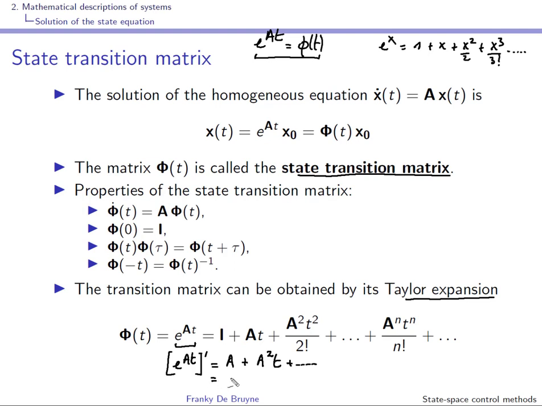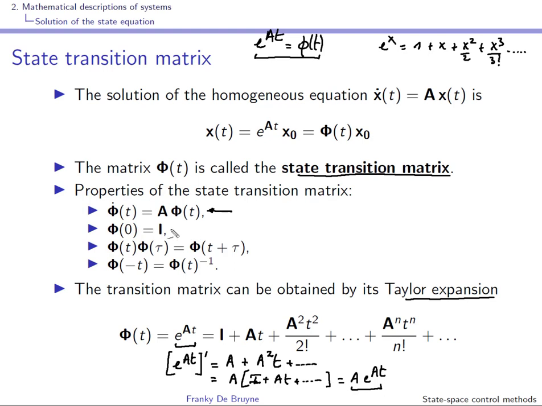And if you look at it, it's A times an identity matrix plus At plus, and so on. So what you have here is that the derivative of this one is A times the exponential of At. So this is a formal proof of what we have used before. Okay, so this is what is written over here.